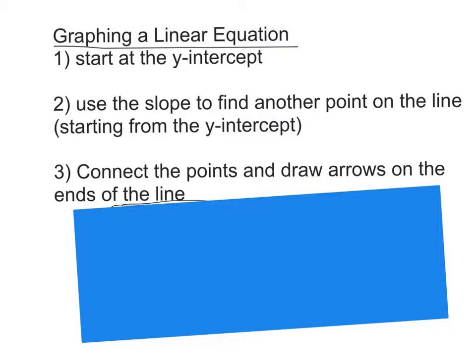For example, if the slope is 2/3, change in y is 2, change in x is 3, we could go up 2 and over 3 from that y-intercept to find another point, and then connect the points and put arrows on the ends, and then that could be our graph.